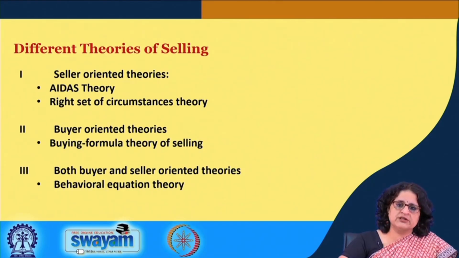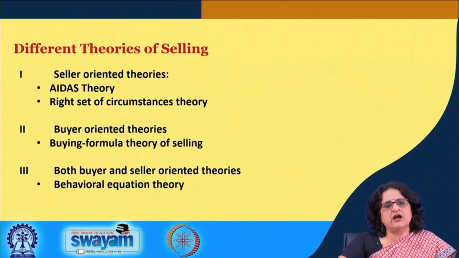And I also mentioned that based on whether it's a science or an art, based on these views and these divergent perspectives, what we get is a large number of theories which can be further classified into seller oriented theories or buyer oriented theories.